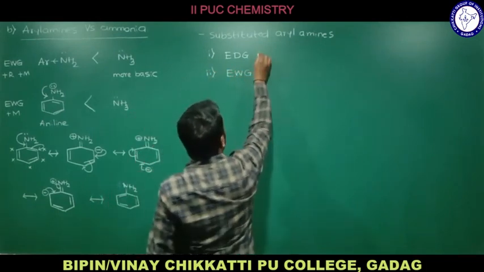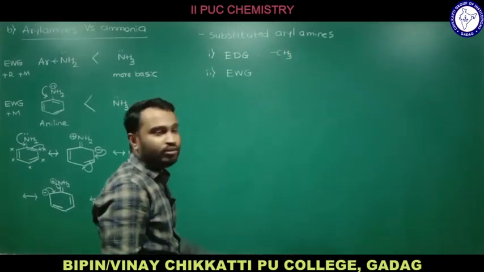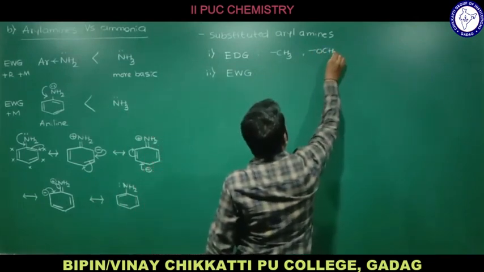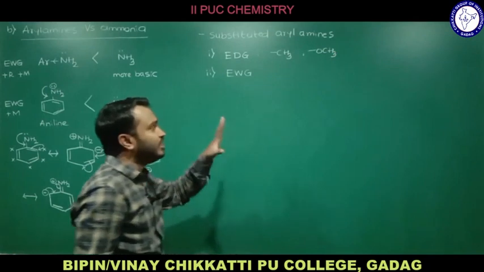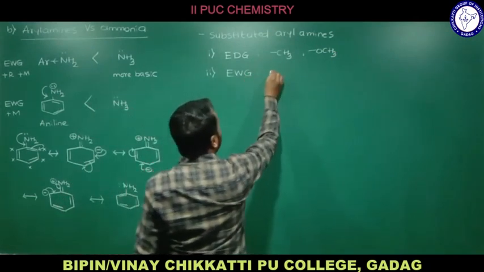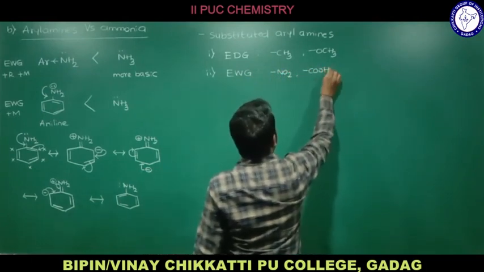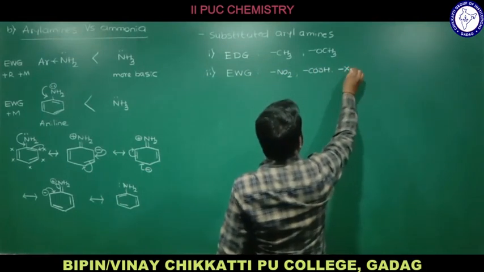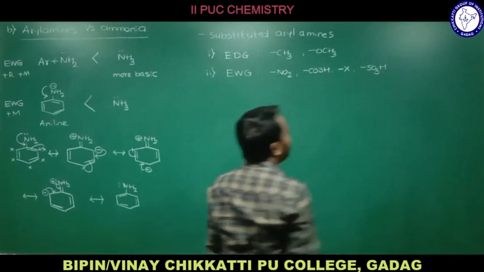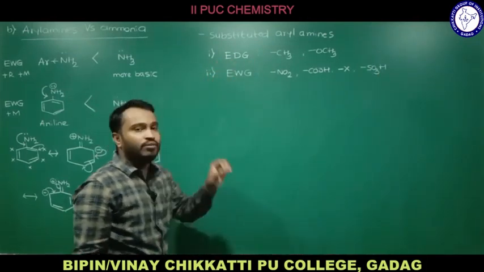Electron donating groups: the methyl group is a very good electron donating group, similarly the ethyl group, and OCH3, the methoxy group. Electron withdrawing groups: NO2 nitro group, COOH carboxylic acid group, X halogen, and SO3H sulfonic acid group. So these are electron donating groups and these are electron withdrawing groups.